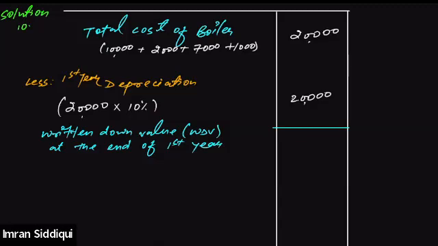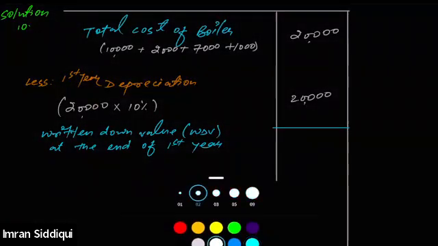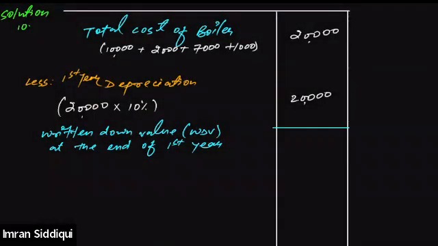You can just write written down value. This will be sufficient. So after subtracting the depreciation at the end of the year, the closing value or the written down value of this boiler will be 18,000.